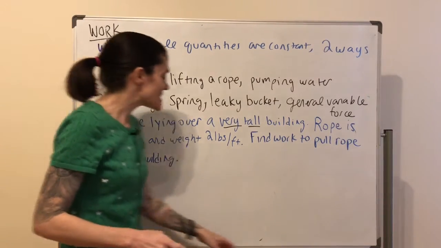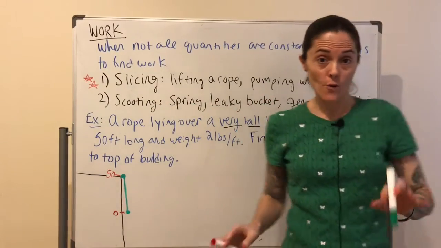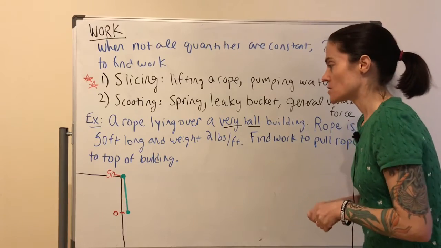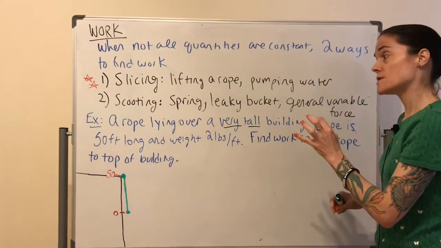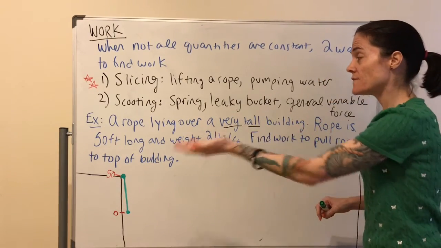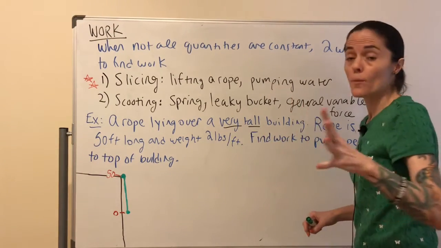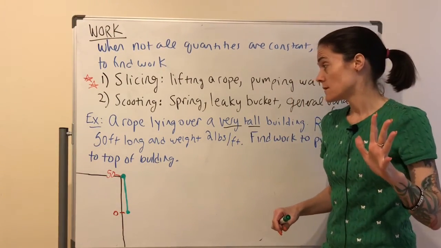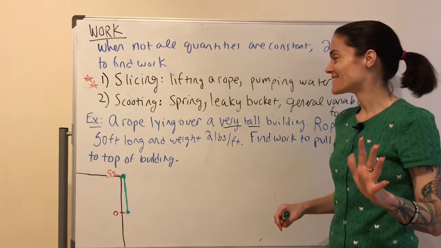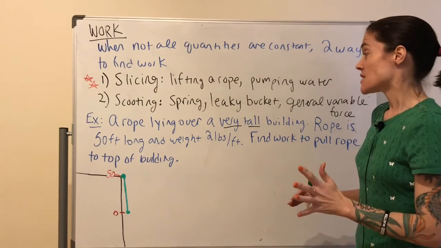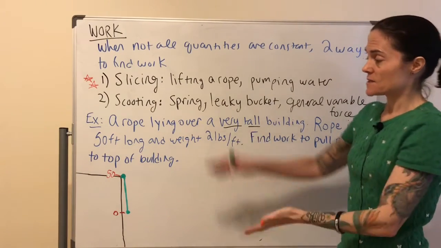But it is not just force times distance. That would be a different picture. So think, what's our force? Well, we have 50 feet long times 2 pounds per foot. My whole rope definitely weighs 100 pounds, right? But it's not just 100 pounds times 50 feet.